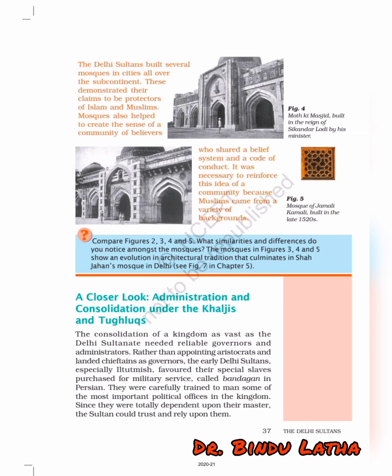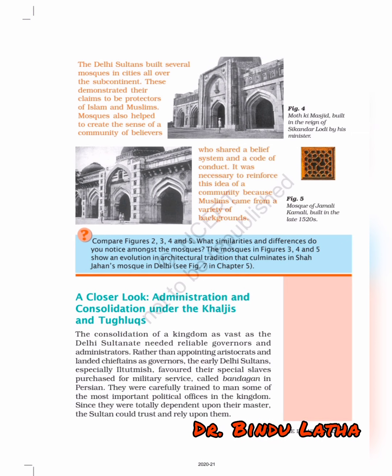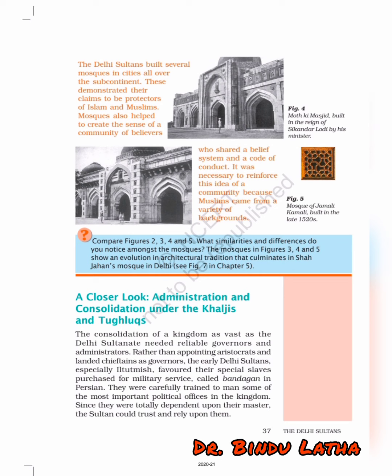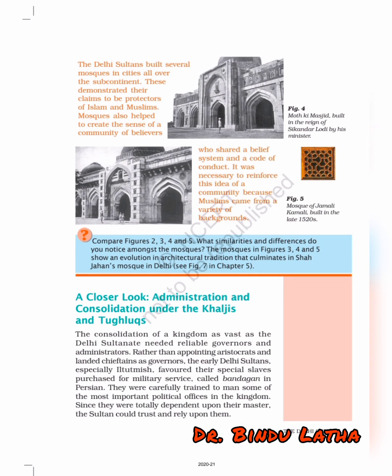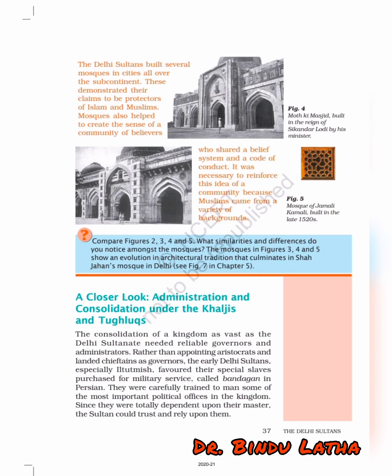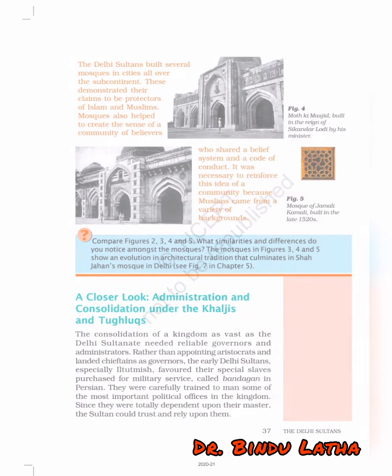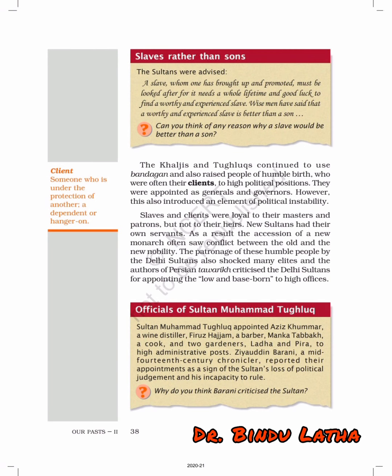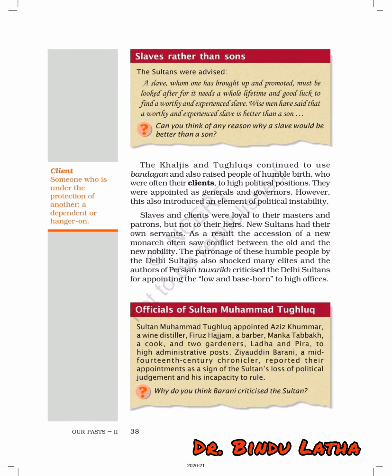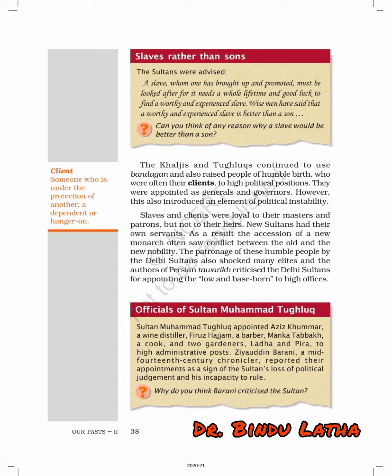That means the sultans were very clever, because if the positions were hereditary, the coming generation may not keep such loyalty to their masters. So they avoided the hereditary option in positions.